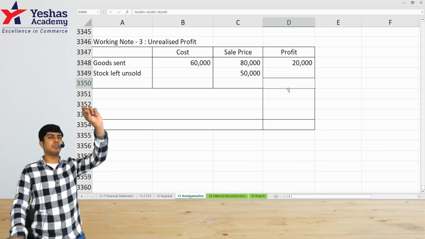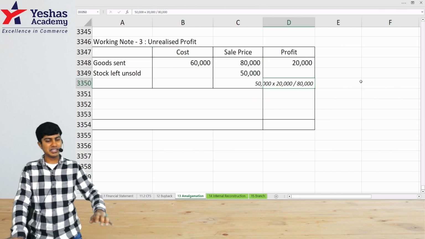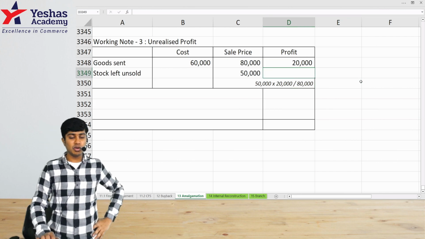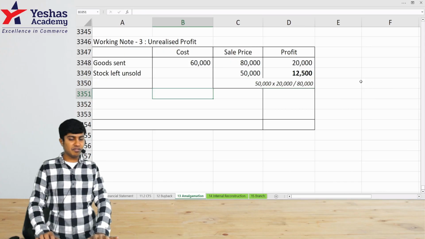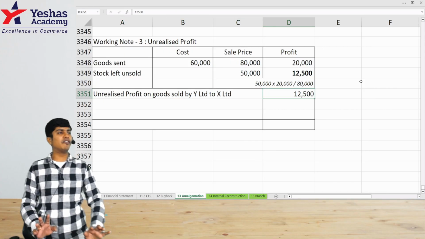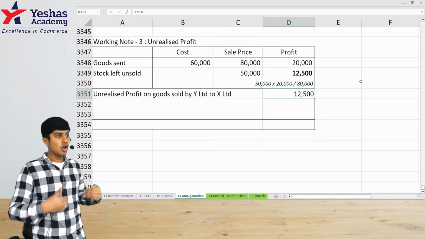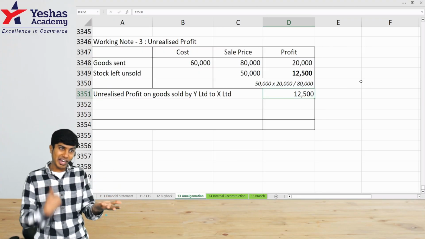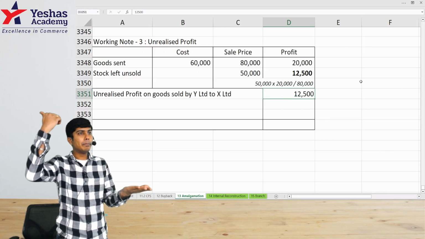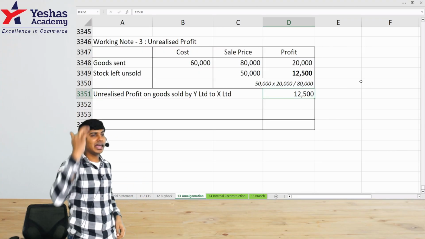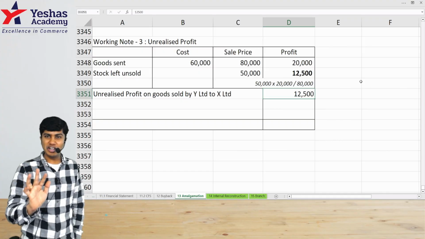If you want, I can identify profit percentage and then apply. But this is easy. 50 into 20 by 80. What do we get? 12,500 is the unrealized profit to Y Limited on the goods sold by Y to X. By Y to X sale only, unrealized profit 12,500.